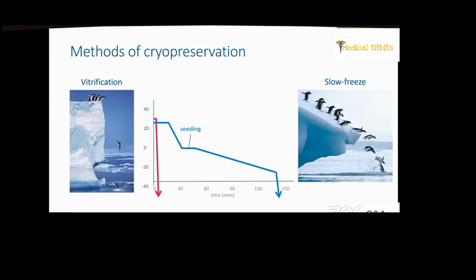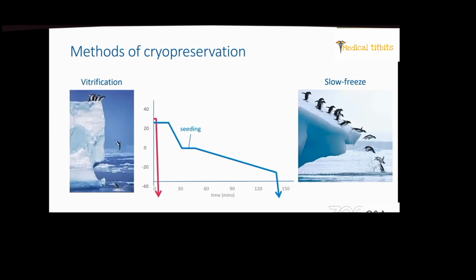You can see the temperature profile of slow freezing in the blue line here. Vitrification allows the solidification of cells into a glass-like structure without forming ice crystals. Compared to slow freezing, vitrification requires a much higher concentration of cryoprotectants and a very high cooling rate, which can be achieved by immediate plunging of cells into liquid nitrogen. You can see the temperature profile of vitrification in the red line here.